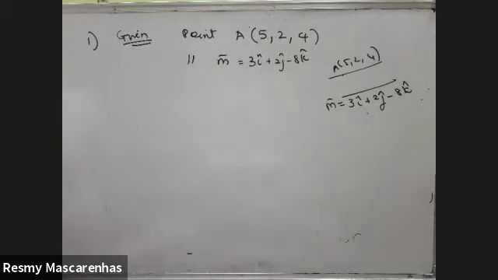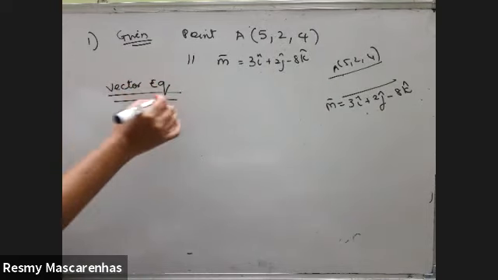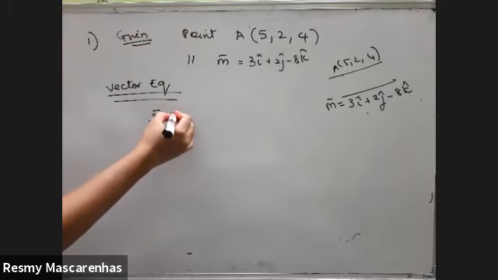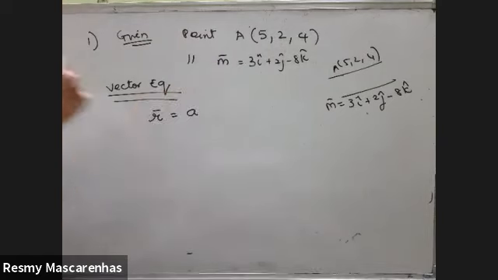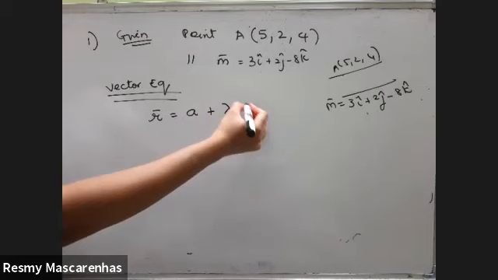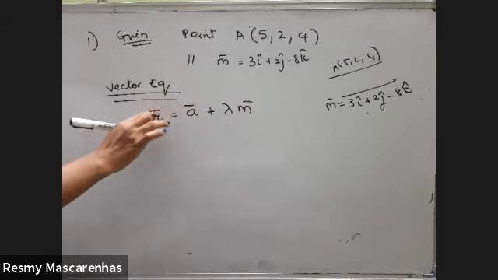So straight away we can write the vector equation. The vector equation, when a point is given and parallel to the line, is nothing but, I told you, point. You don't even have to memorize the equations. You just have to know that you need a point and the direction ratio. Whichever comes with lambda bar is the direction ratio. A bar, everything will be vectors.